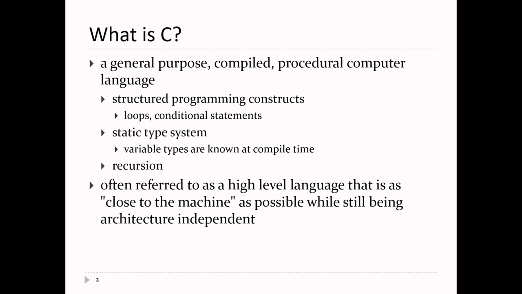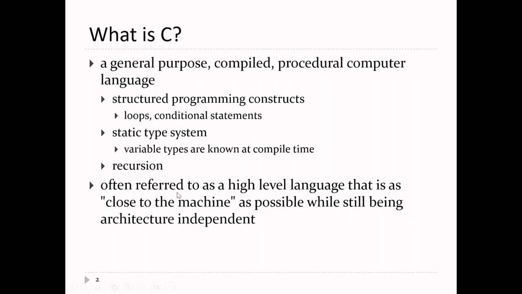All variables have types. The compiler tests whether or not you're using the types properly at compile time, for the most part, unless you intentionally circumvent it. Like most procedural programming languages, C also has recursion, so you can write recursive algorithms in C.